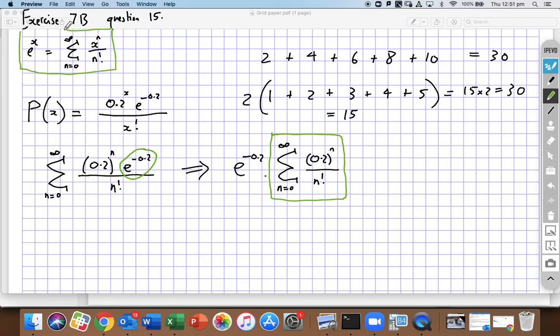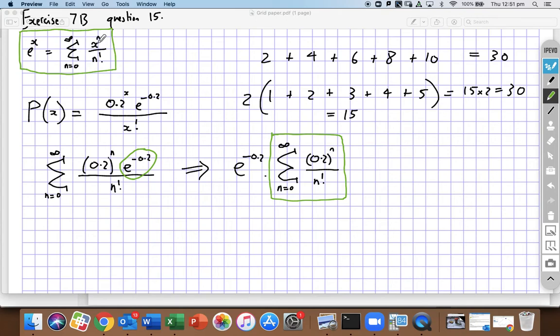There's a reason that they started the question by showing you this formula to evaluate e to any power. So this part here, the sum of x to the n on n factorial, looks really similar to this sum. The only difference is that we have 0.2 in this position instead of an x.